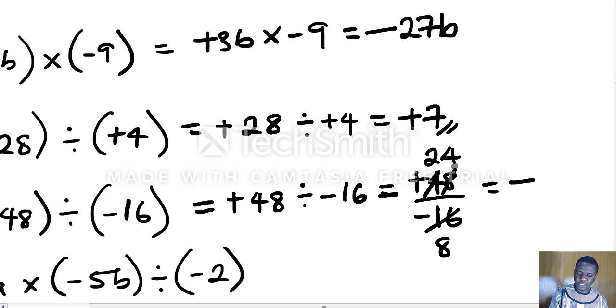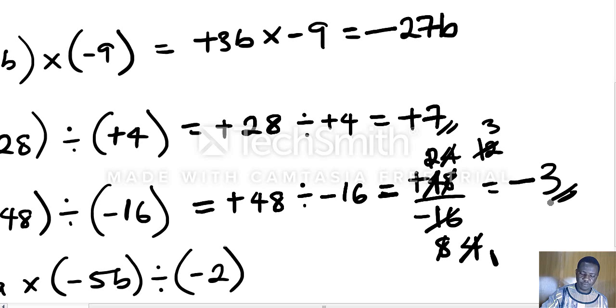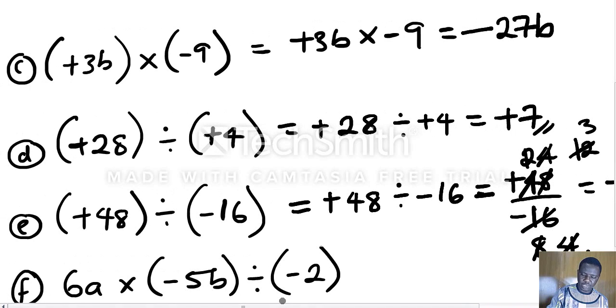What can also divide? 2 can divide. 2 into 8 is 4, 2 into 24 is 12. So this becomes 12 over 4, and 4 into itself is 1, 4 into 12 is 3. So this is returning a negative 3 as our answer.